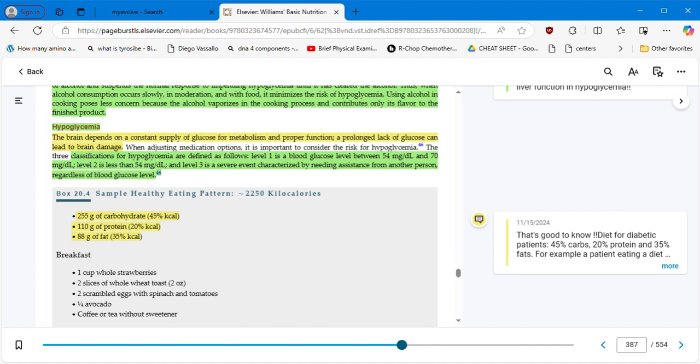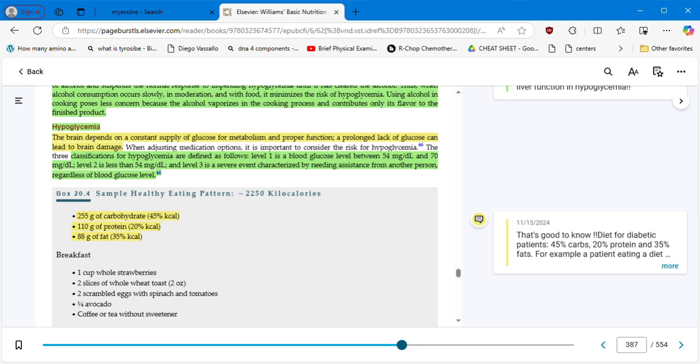Level 1 is a blood glucose between 54 and 70, being 70 the borderline for normal glucose, right? 70 is the minimal. Level 2 is less than 54, and level 3 is a severe event characterized by needing assistance from another person regardless of blood glucose level.